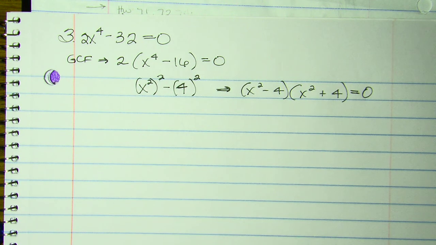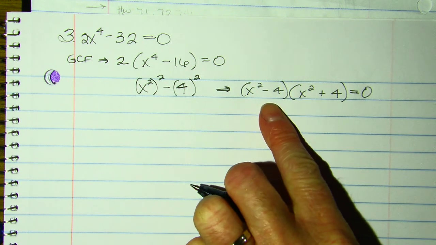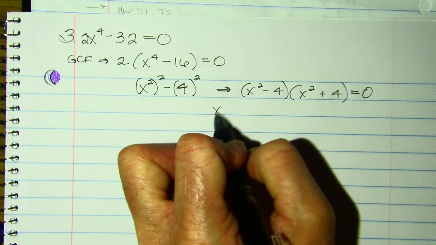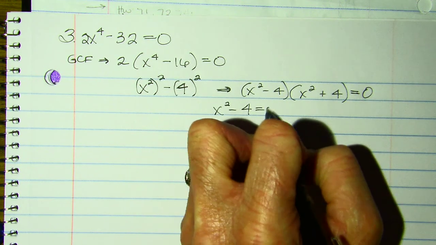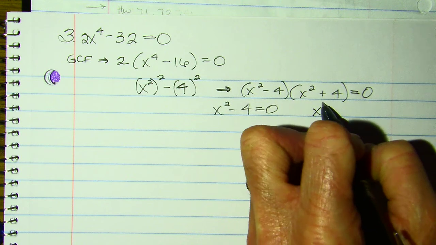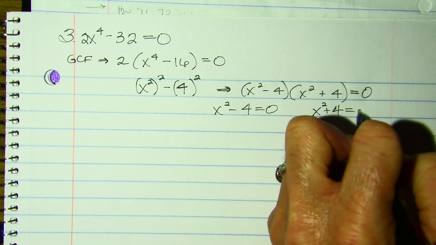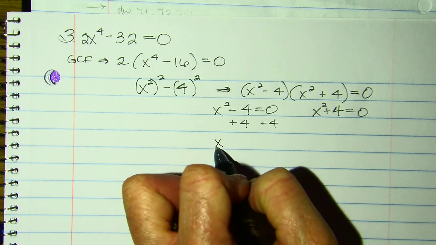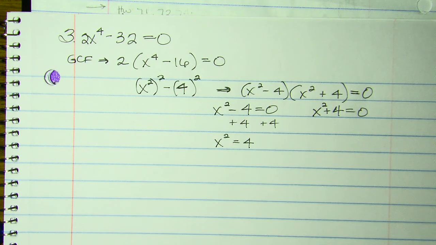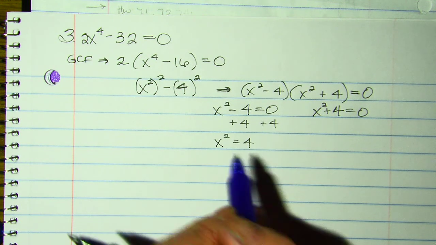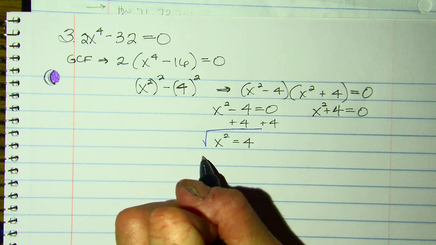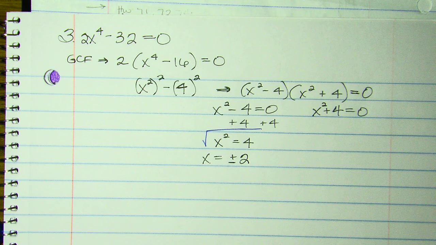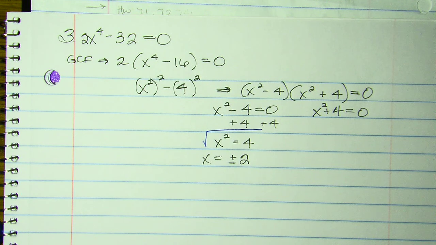So you can break this one down again, or you could just solve it algebraically. So I'm going to solve it algebraically to show you the other method. So I would add 4 to both sides. So I get x squared equals 4. I would then take the square root, and x can equal a positive 2 and a negative 2, because a negative times a negative is a positive.